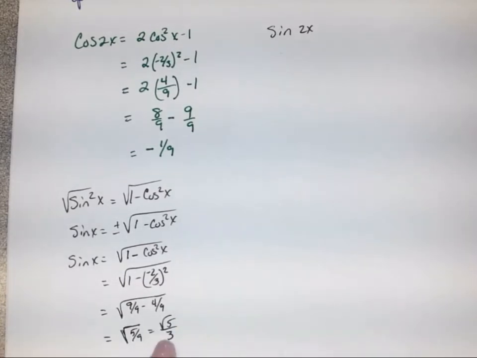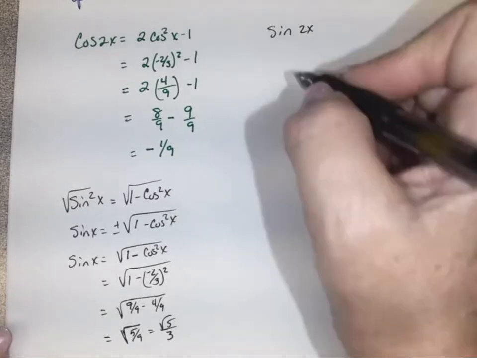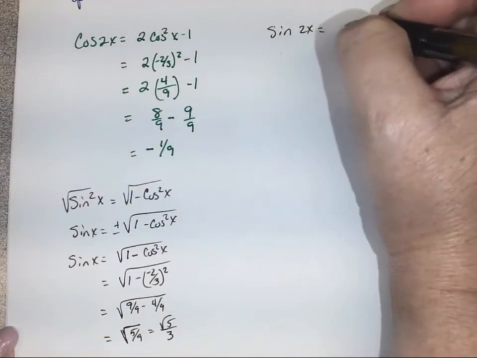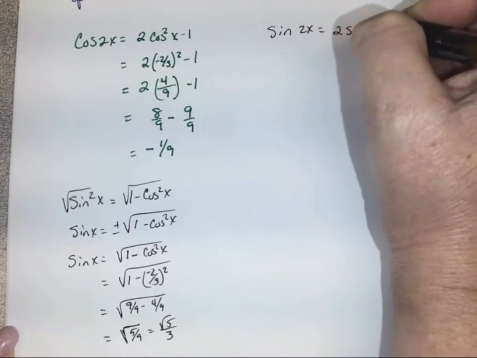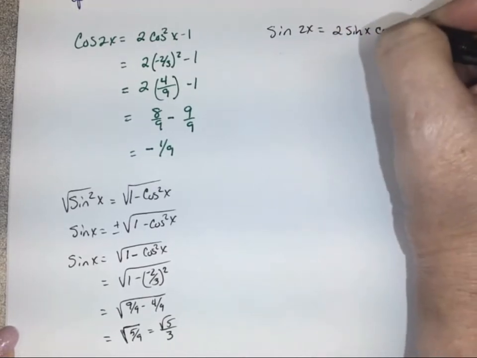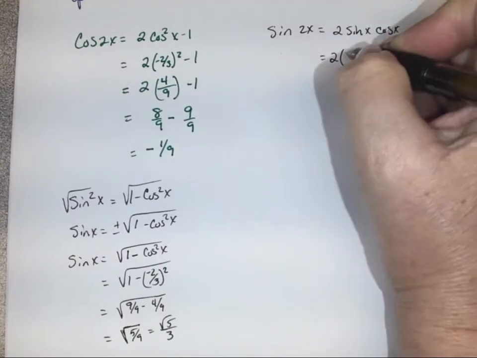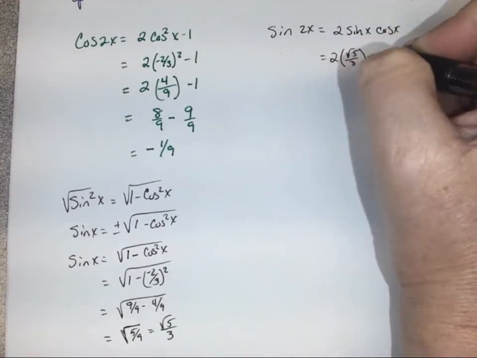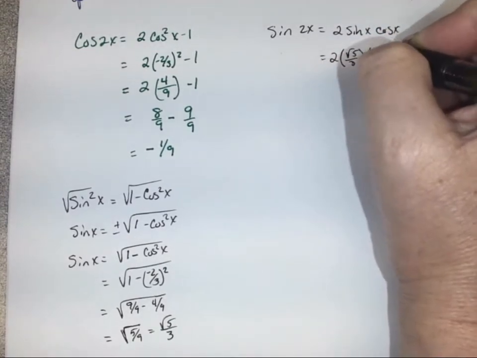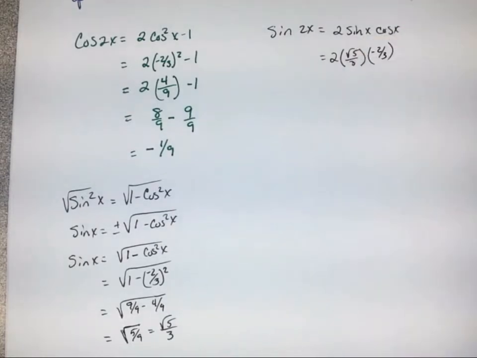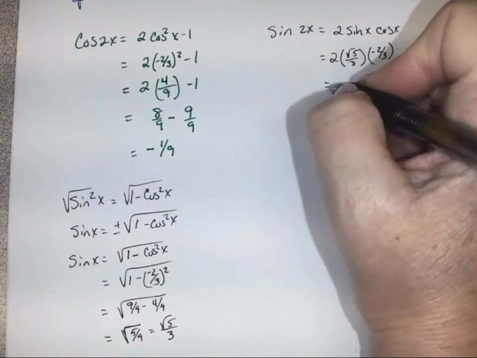So now that we know the value of sine, we can go do our formula up here. So the sine of 2x is equal to 2 times sine x cosine x. So 2 times the square root of 5 over 3, times the cosine of negative 2 over 3.